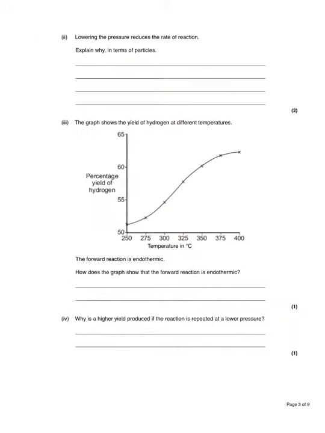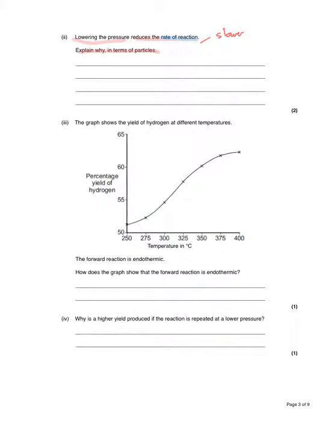Next. So the question says, lowering the pressure reduces the rate of the reaction. Explain why in terms of particles. Now, I nearly made a mistake here because it's talking about the rate of reaction. It's not talking about the yield. Okay? So if you lower the pressure, why does the reaction happen slower?